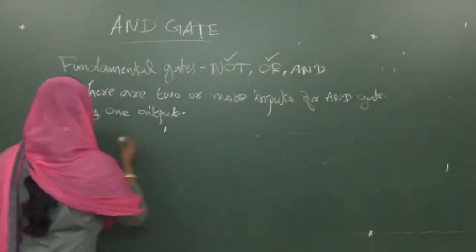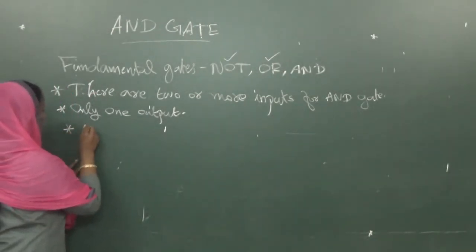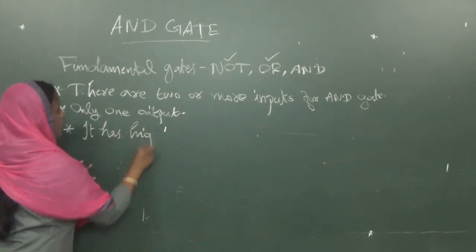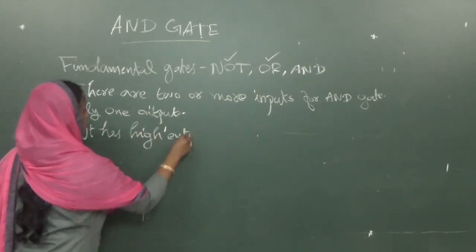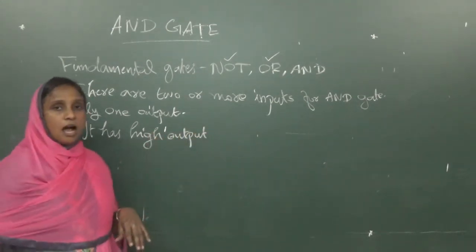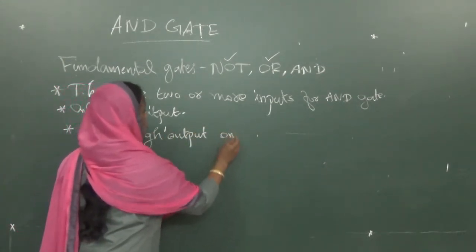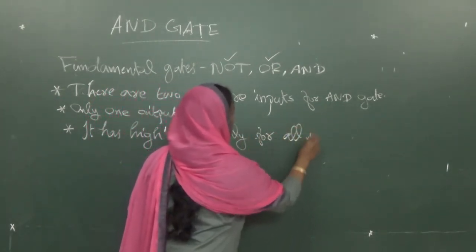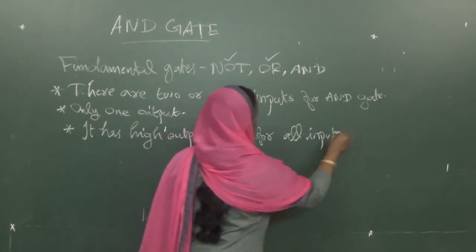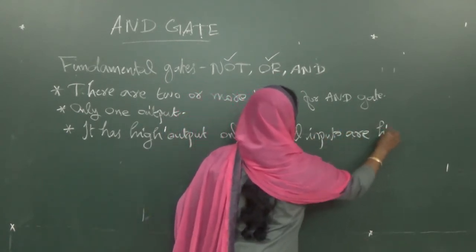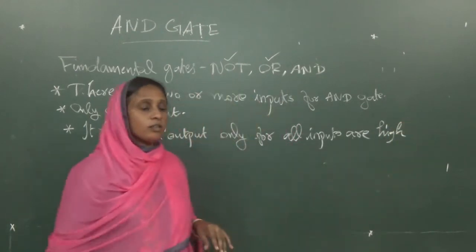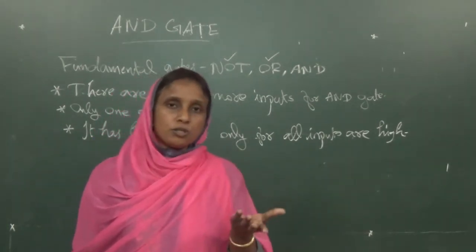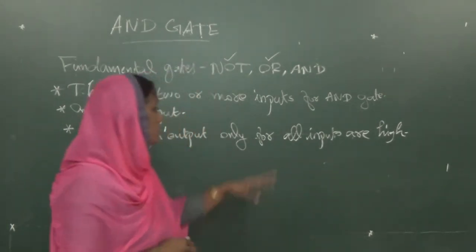So this AND gate has high output only when all inputs are high.